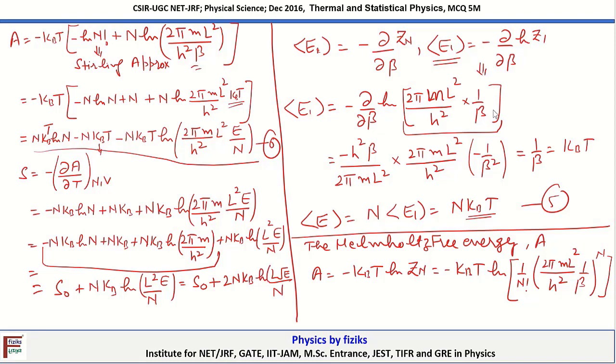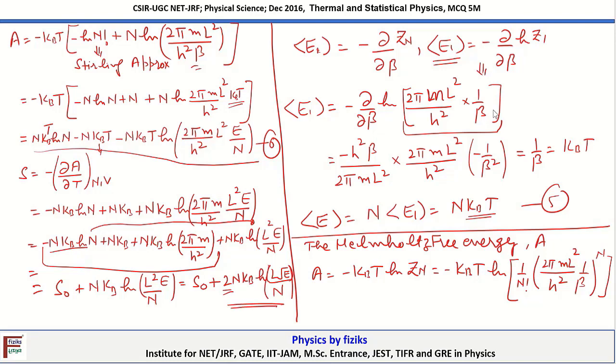Actually, it was n square, so ln n. Earlier it was n kB ln n. So this factor when absorbed in the last term will give a factor of n square here. So ultimately we will be left with L under root E by n and its square, so that power 2 will come here. So the correct option is S equal to S0 plus this term.